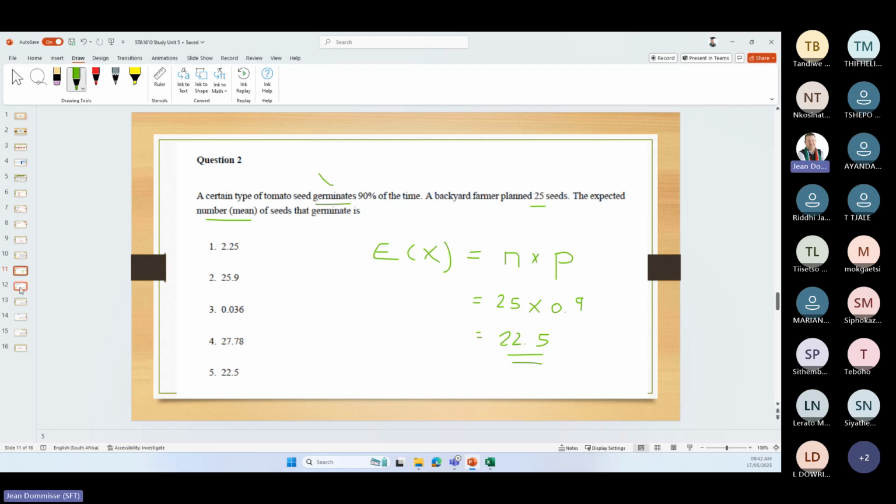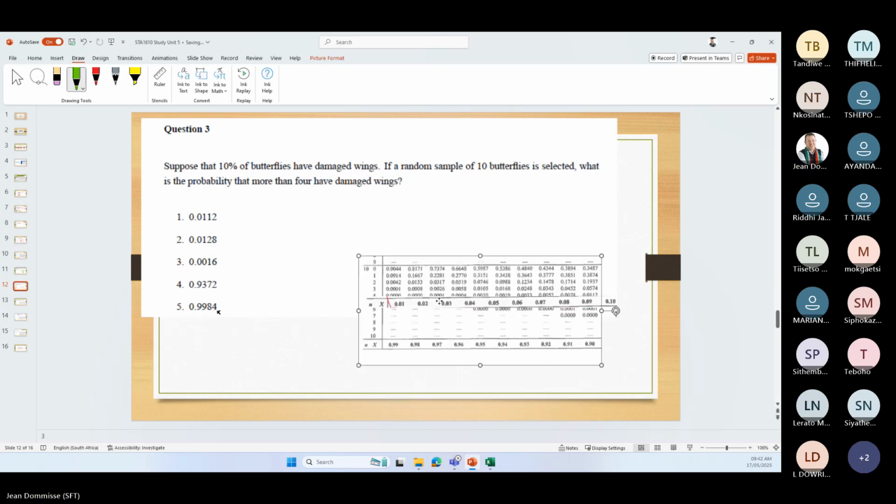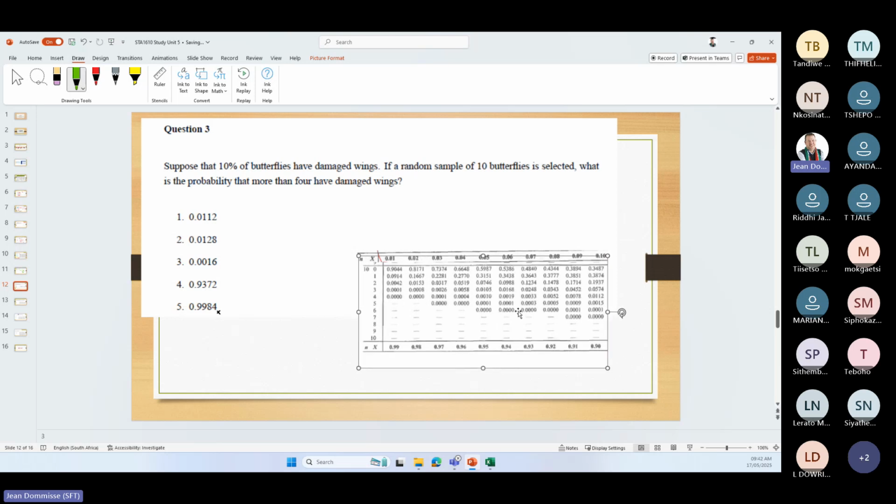Okay, so let's see if there's another one on binomial. So this was another one on binomial. Let me just get that table right. Make that a bit bigger.